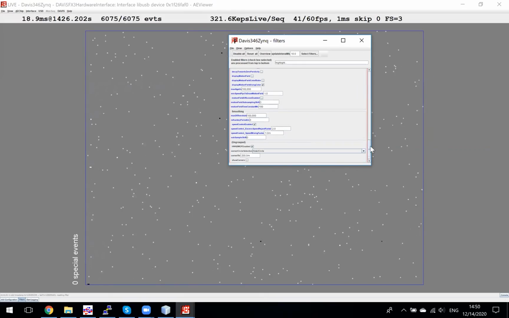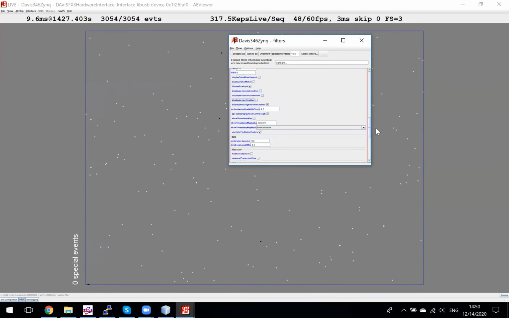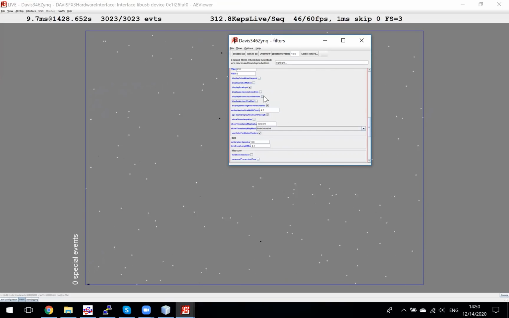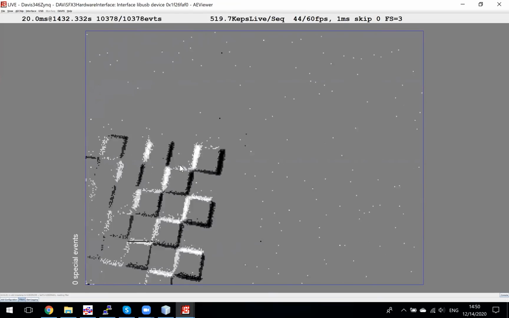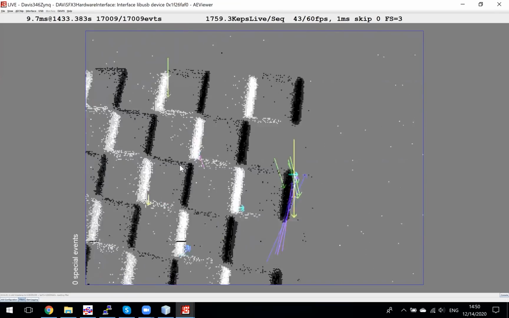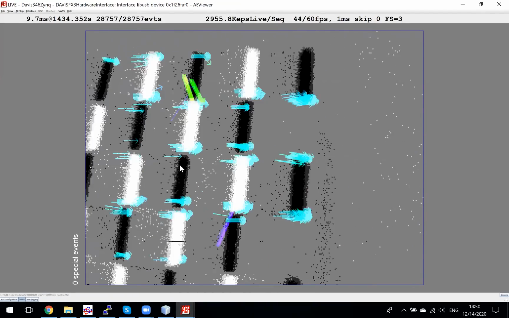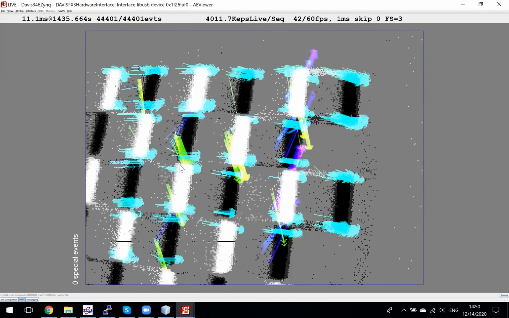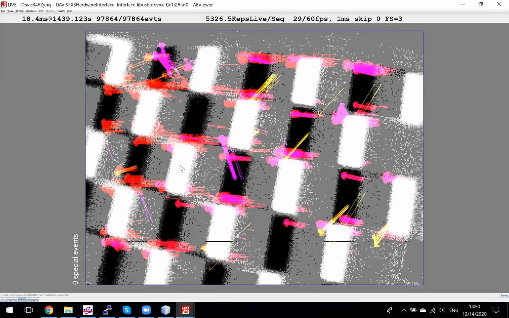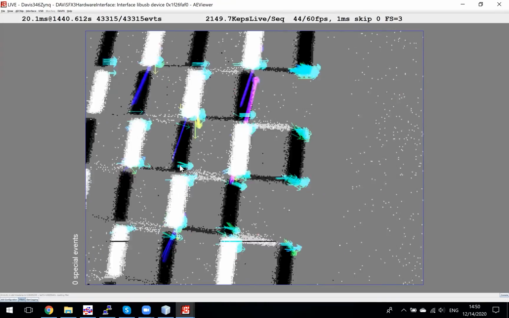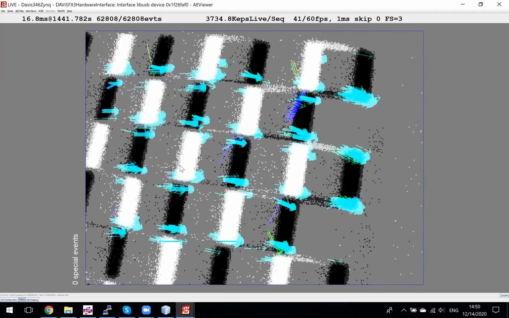Okay, now if I move this one, can you see the vectors? I think you can see it. These vectors are the output of the camera. So like I said, I do this on the hardware.